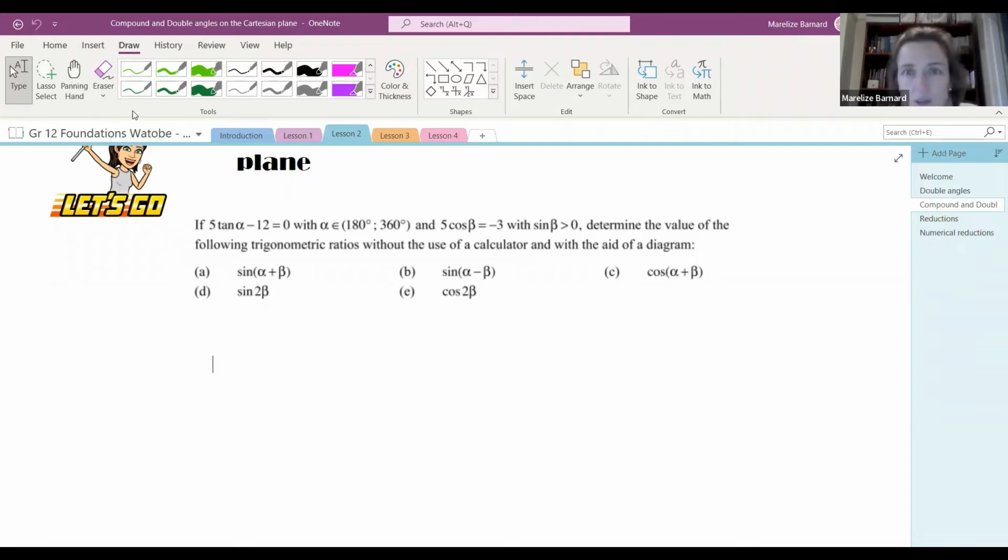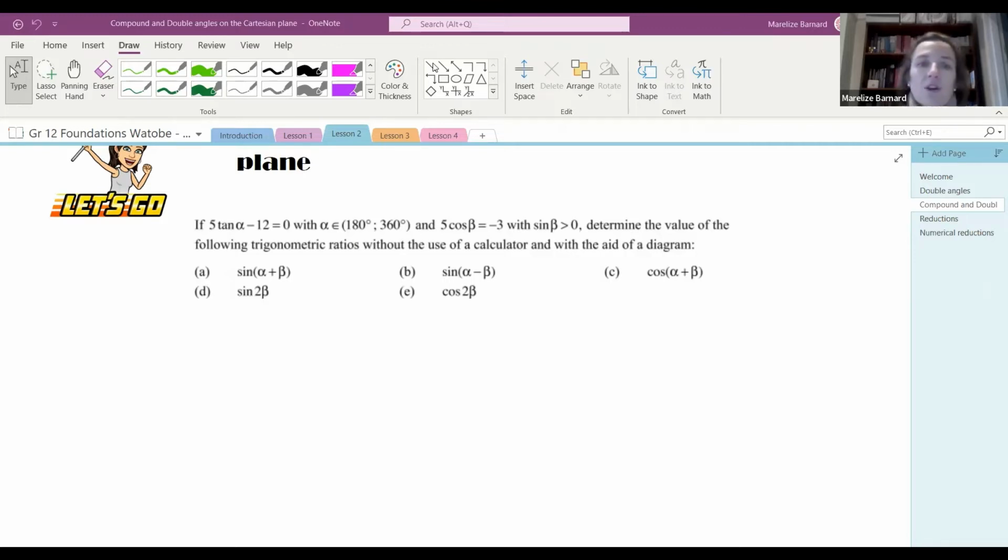Trigonometry is not going to go away. It is in your September or August paper, and it's going to be there at the end of the year, and it is a lot of marks. It's 50 marks in your paper too. So spend time on it and try to get better at it.